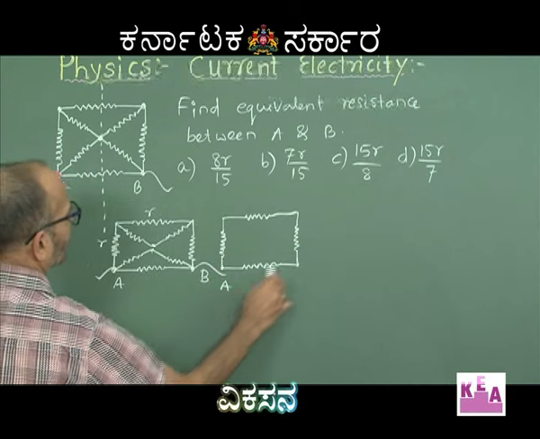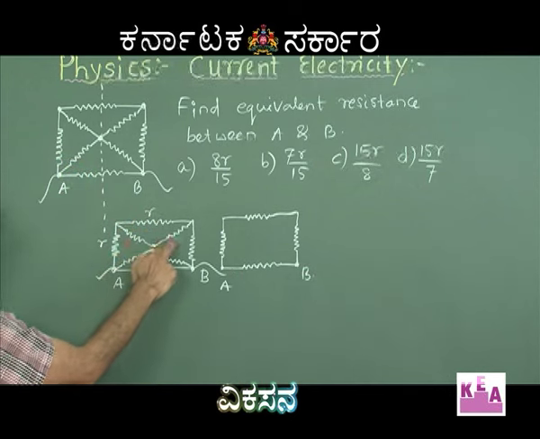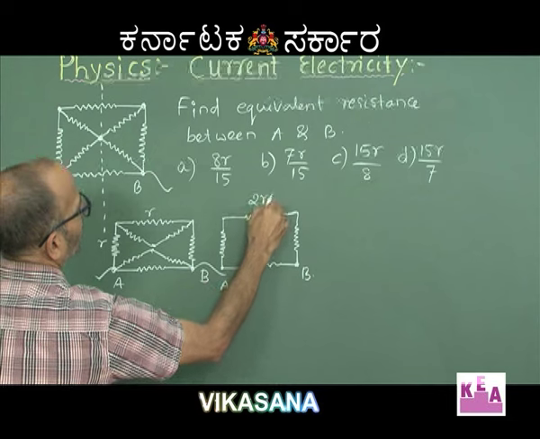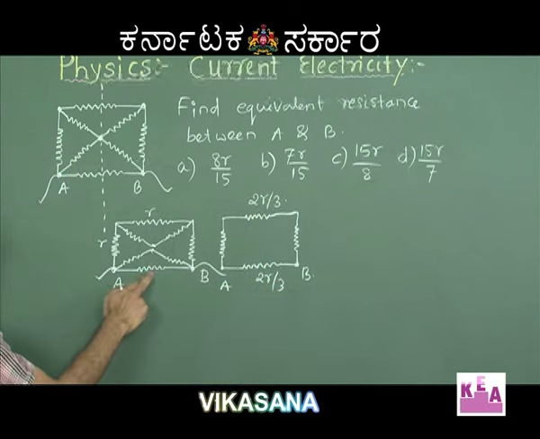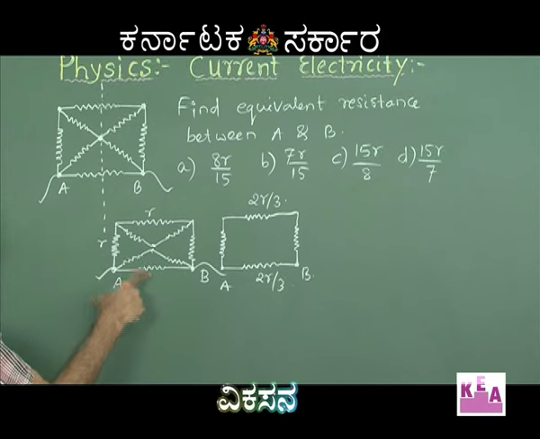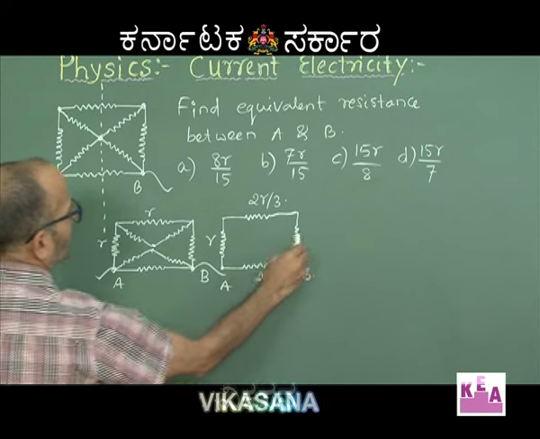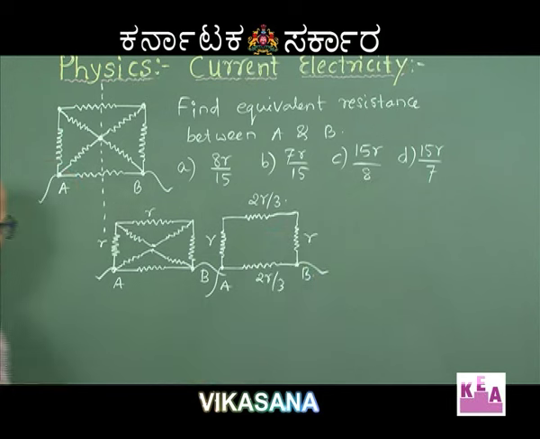Now this is A again and this is B. Now R and 2R have made it 2R by 3, and same here also. This is also 2R by 3 by these two in series in parallel with this R, and this R and this R are still as they are, and you are required to find out the equivalent resistance between A and B.